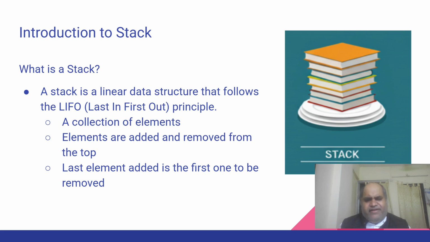Assuming that you are vertically putting cleaned utensils on top of each other, the one that you are going to pick first will be the one that has been put last. So this is a variation that we call last in, first out. What is that called? Last in, first out.